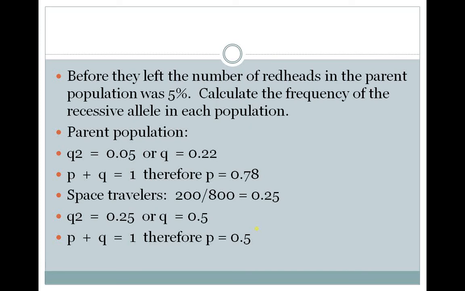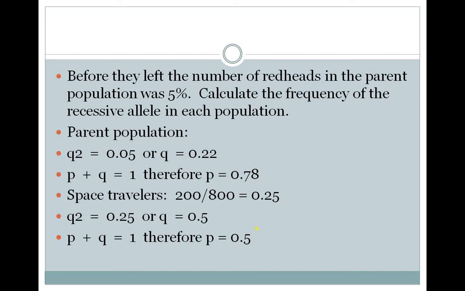Before they left, the number of redheads in the parent population, which is what it currently is in our human population, was about 5%. Being redheaded is a recessive trait, controlled by one particular gene, and if you get 2 copies of it, then you're blessed with having red hair. So let's calculate the frequency of this recessive allele in our parent population.